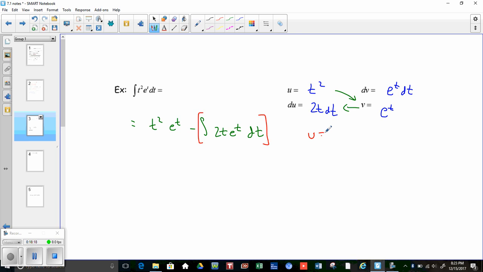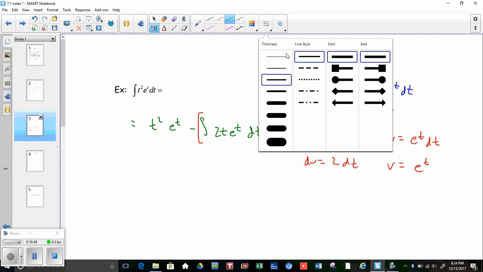So u, in this case, again, 2t is a power function, e to the t is exponential, so u is 2t, which makes dv everything else that's left over, which is e to the t dt. So the derivative of u is 2 dt. Antiderivative here of dv, to get back to v, is v equals e to the t.